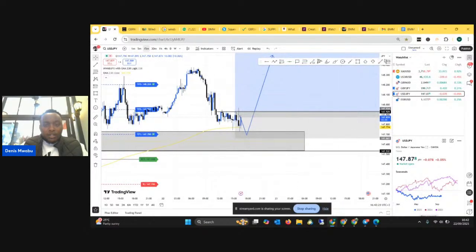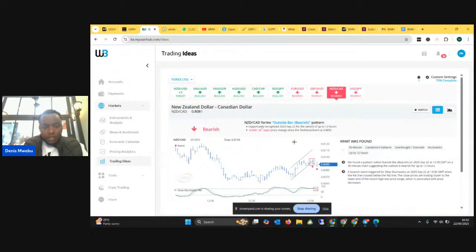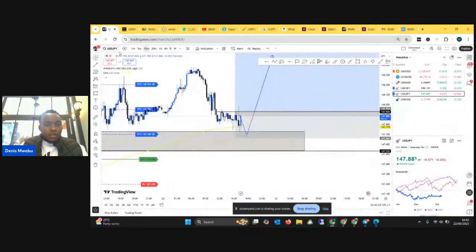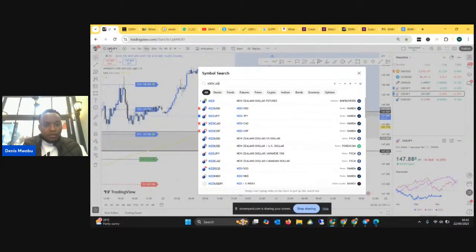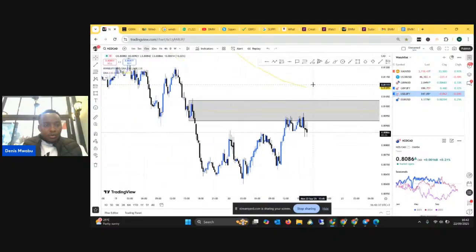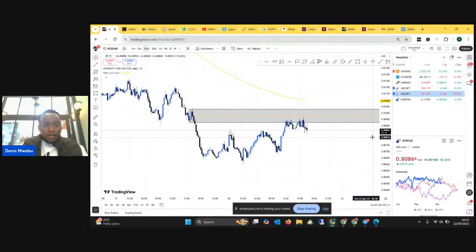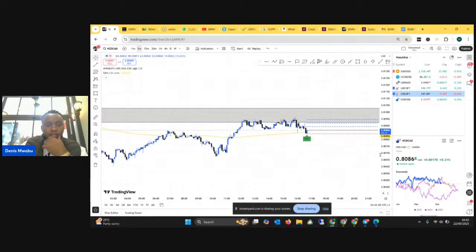Another one that we saw was NZD CAD, right? That was in an overbought oversold area. Also NZD CAD, we just wait for the BMM. Nice.